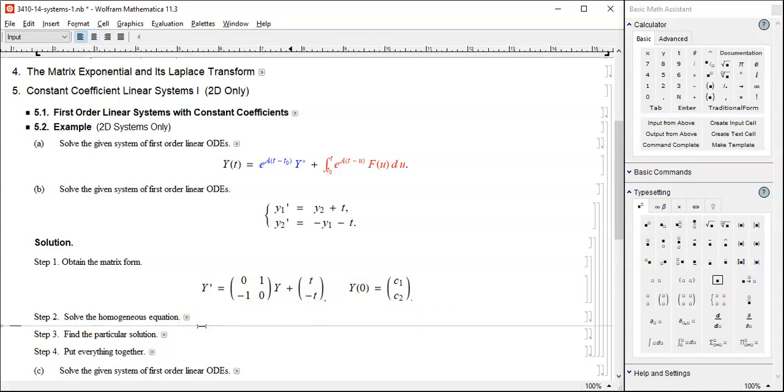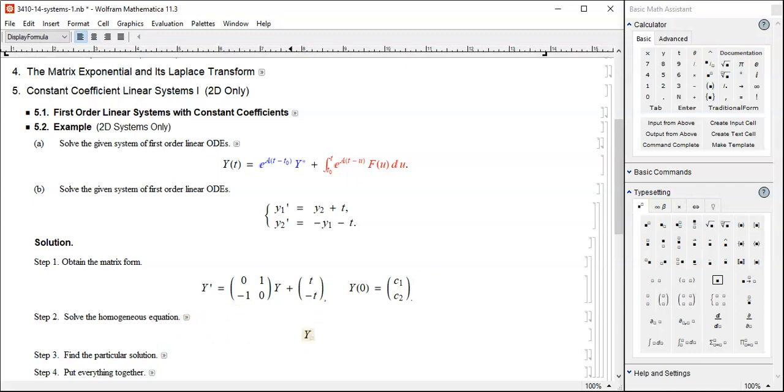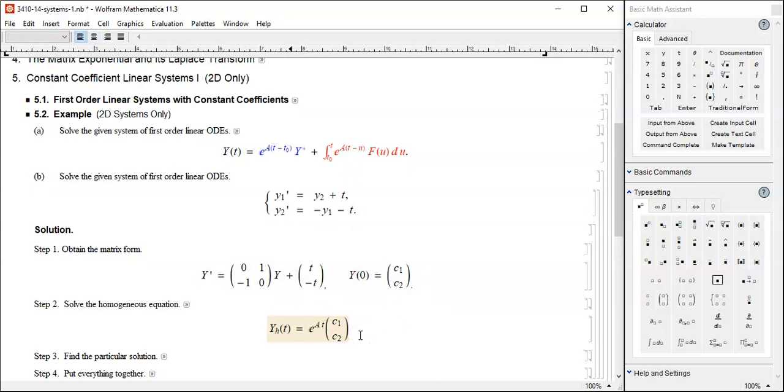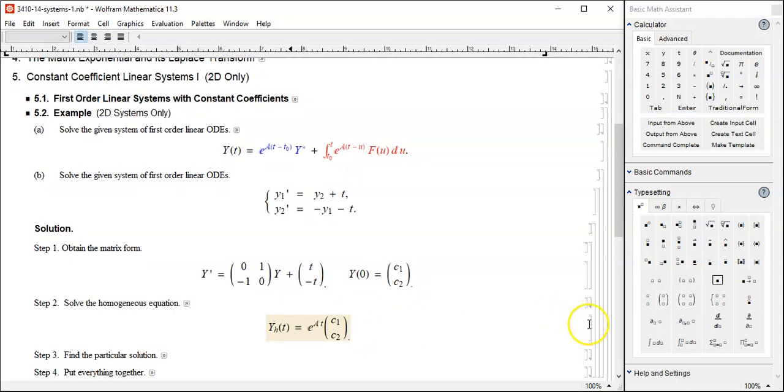Now, how do you solve the homogeneous equation? It's this part, isn't it? So we need e to the A t power times this. That's the blue solution. So if we find out this matrix exponential, then we are through. How do we find this matrix exponential here?